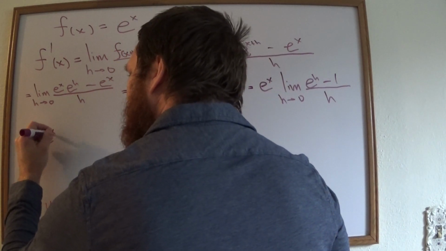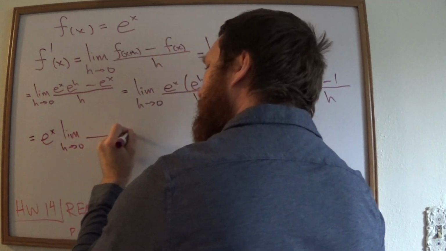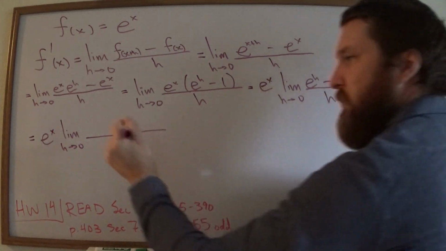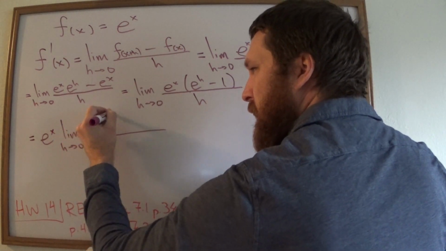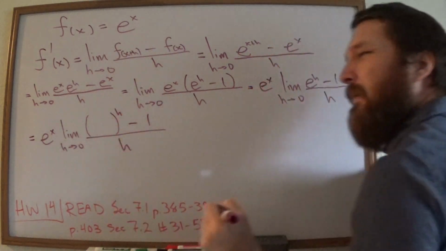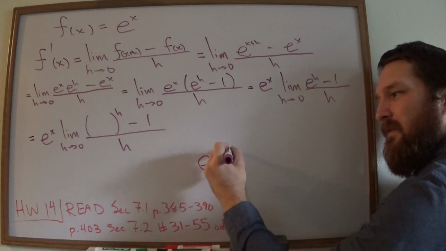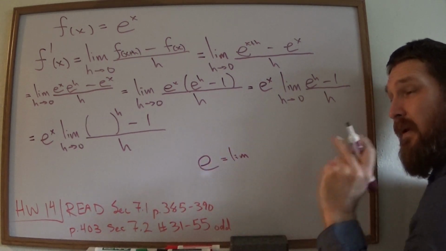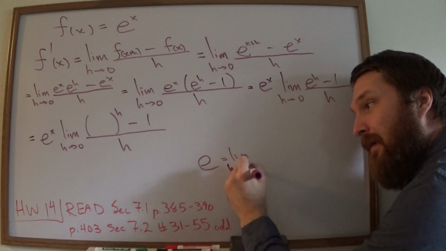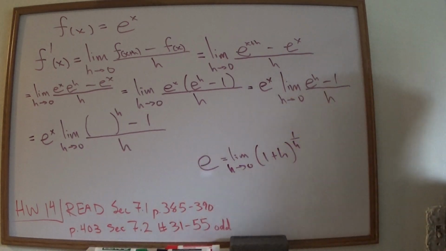This is e to the x times the limit as h goes to 0 of e raised to the h. Remember what we just did: e is defined in terms of a limit. And not just any limit, but the limit as something goes to 0 of 1 plus h to the 1 over h.